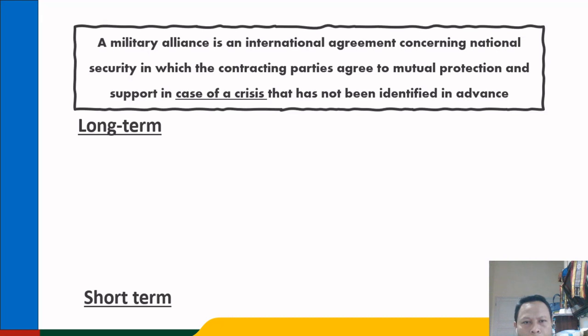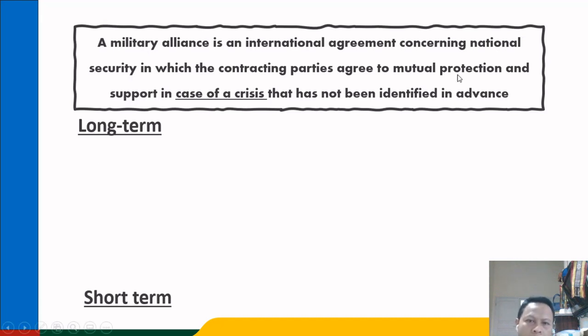When we are talking about military alliance, this is clear when we refer to the situation during the Cold War, when the Soviet Union had the Warsaw Pact, then the United States and allies had NATO, the North Atlantic Treaty Organization.